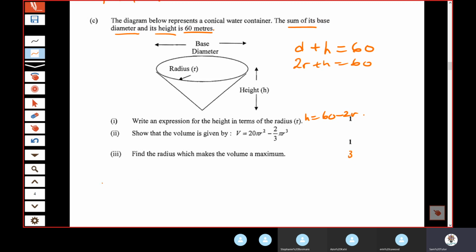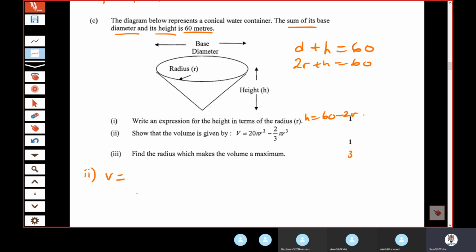Show that the volume is given by this. Okay, you obviously need to know the volume of a cone. Is that giving you a formula sheet? Nope. So, what's the volume of a cone then? Say it again. 4 pi r squared, 4 on 3 pi r cubed. That's a sphere.